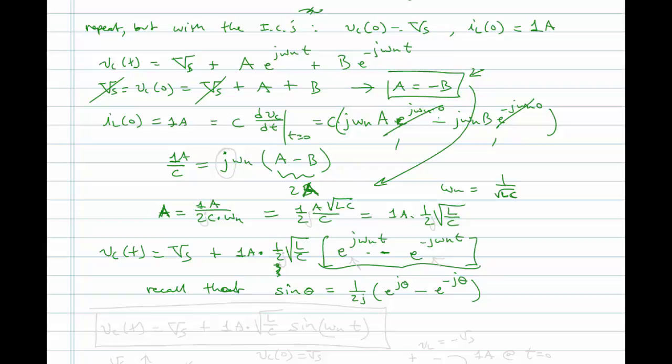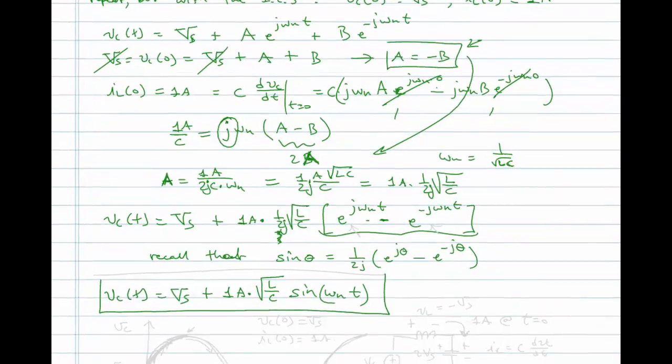Oh wait, I forgot my j here. Let me go back and put my j into all these expressions. That was a mistake. So I have j in all of these. So I see that actually here I have a sine term. So now I can replace this with the sine term. I have 1 amp times square root of L over C times the sine of omega nt.